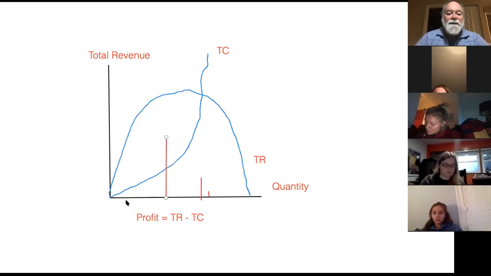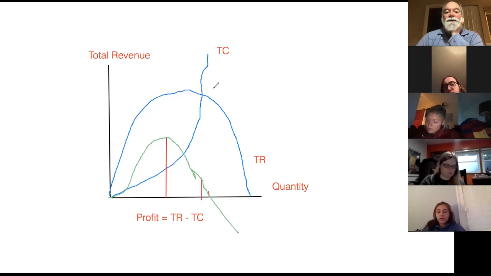The profit graph is going to look something like that. Notice, Lindsay, if you go past this quantity here, the more you produce, the more money you lose, right? Profits are now negative and they just keep going negative because total cost is going to explode above total revenue.